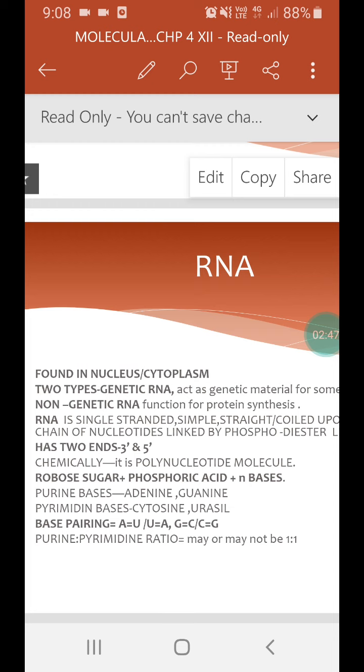In the RNA molecule, the base pairing is not fixed and definite. Therefore, the purine to pyrimidine ratio may or may not be equal to 1:1.